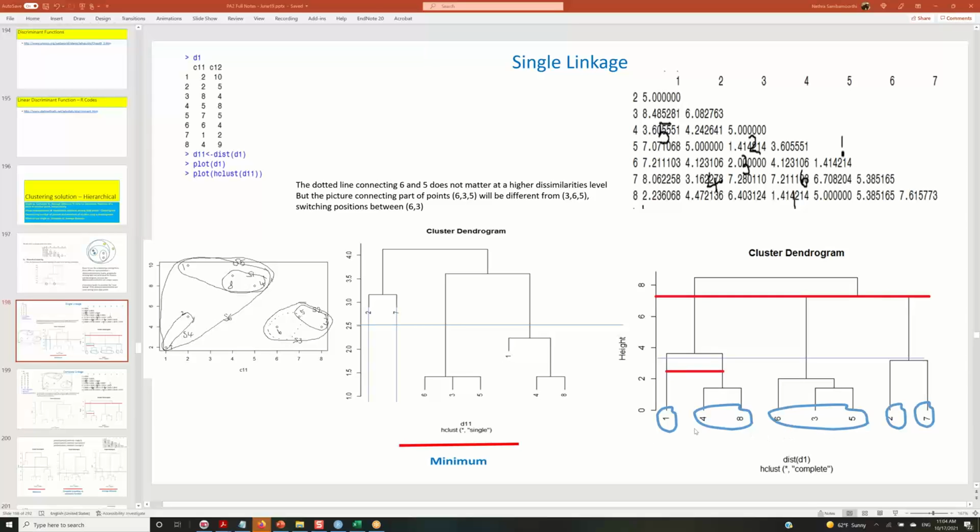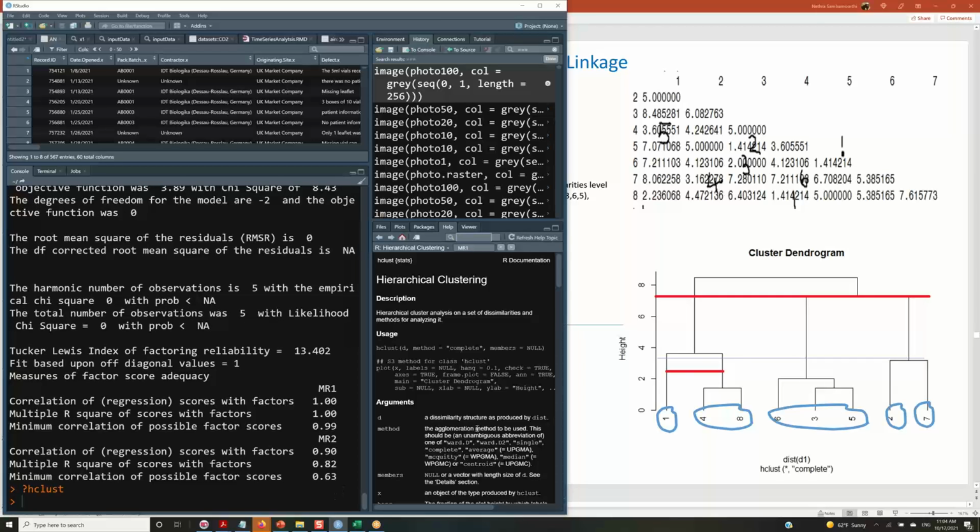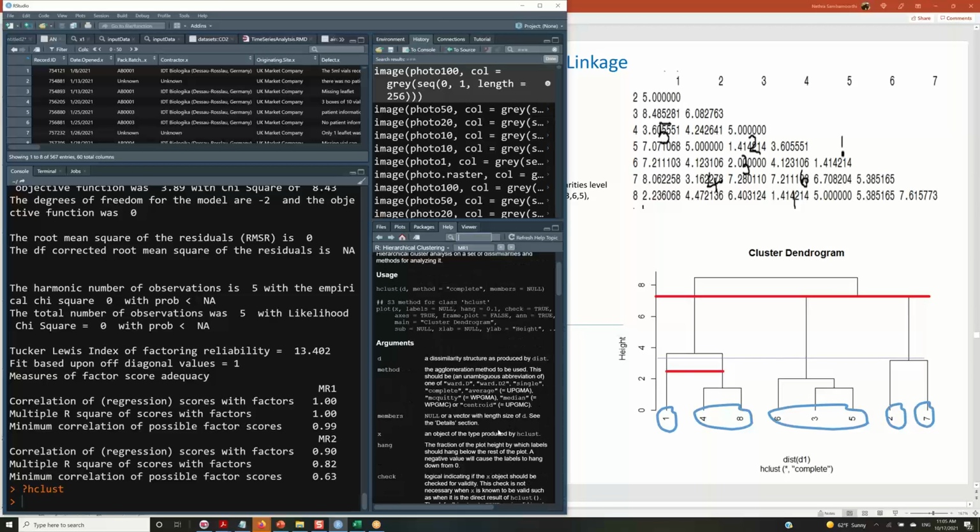The argument here is called hang. Let me check. So if a negative value, it will cause the labels to hang down. It is the fraction of the plot by which labels should hang below the rest of the plot. And a negative value will cause the labels to hang down from 0. Okay. So if you want, we can do that right now and check it out.